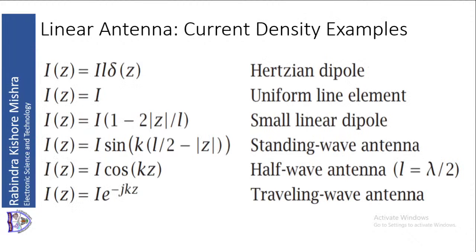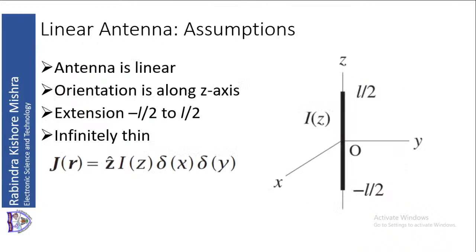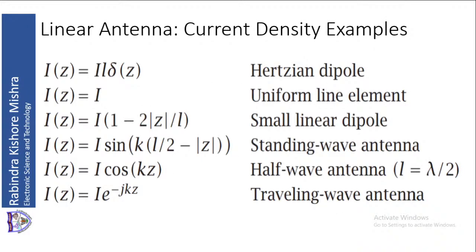Now in these assumptions, the last assumption is J, which is Z cap Iz. So what will be Iz? Iz can take different forms. The Z variation will take different forms, so that each form will be represented by a function.